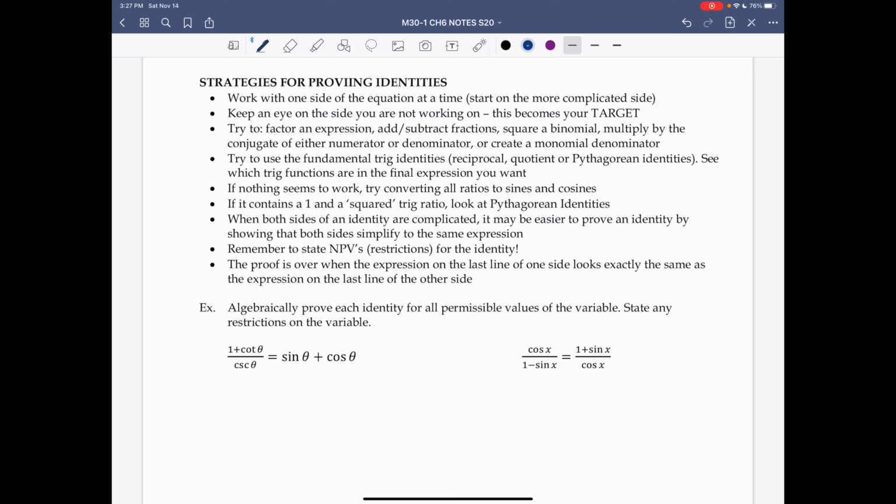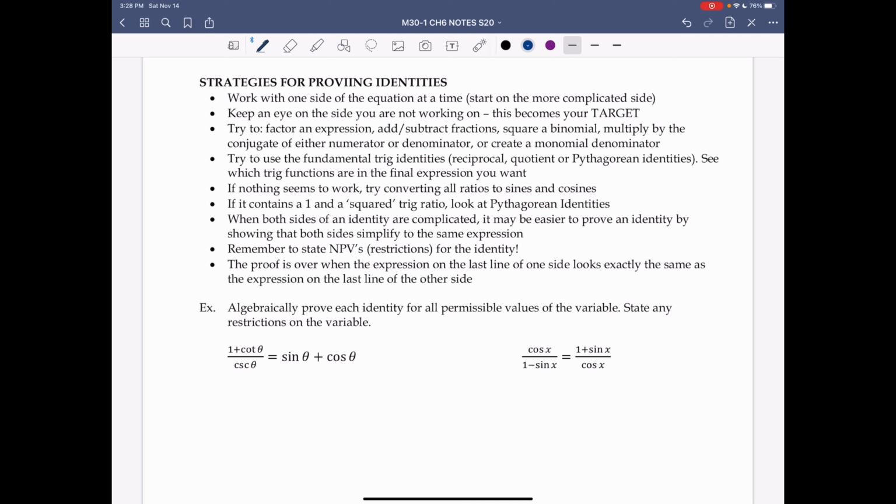Try to use the fundamental trig identities, reciprocal, quotient, or Pythagorean identities. See which trig functions are in the final expression you want. If nothing seems to work, try converting all ratios to sines and cosines. If it contains a 1 and a squared trig ratio, look at Pythagorean identities.